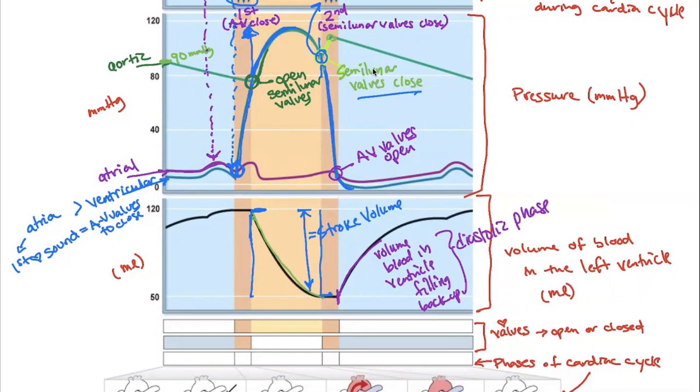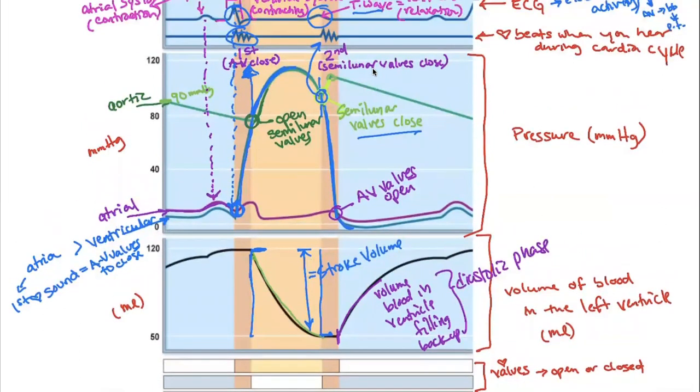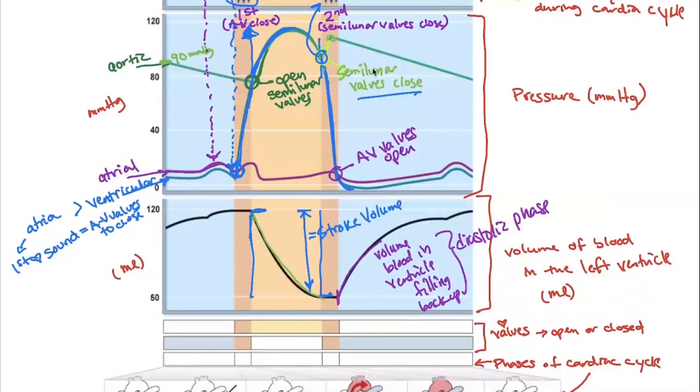Okay, so here's AV valves opening and closing. This is corresponding with the volume here. So again, this is volume of blood in ventricle, and it's in milliliters, okay? And so as the blood's filling back up into the ventricle here, once the AV valves close, that's all the volume you get at the end of diastole.